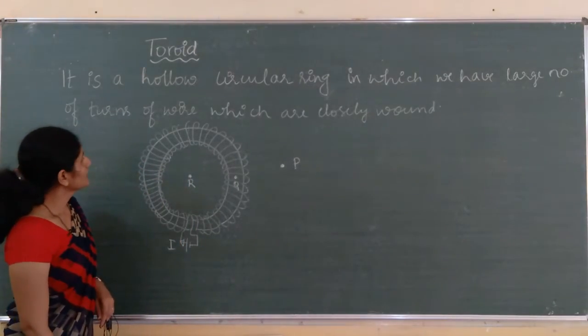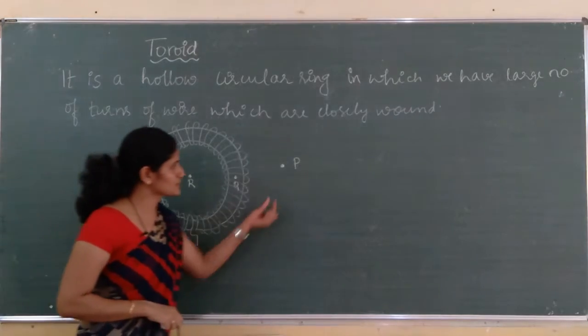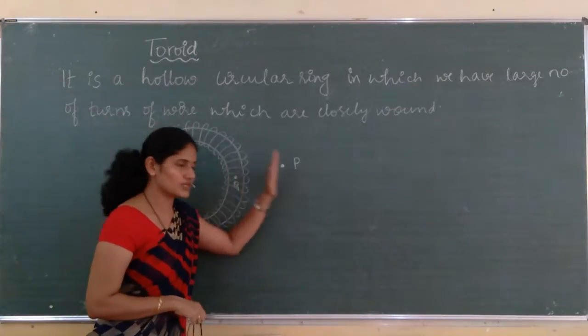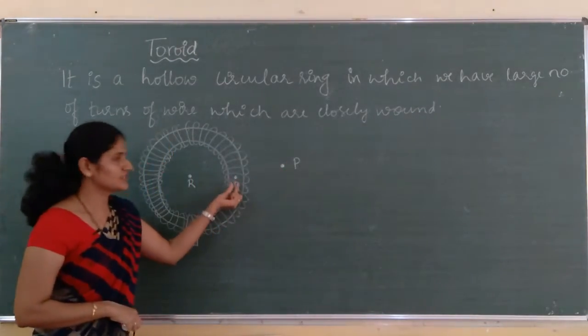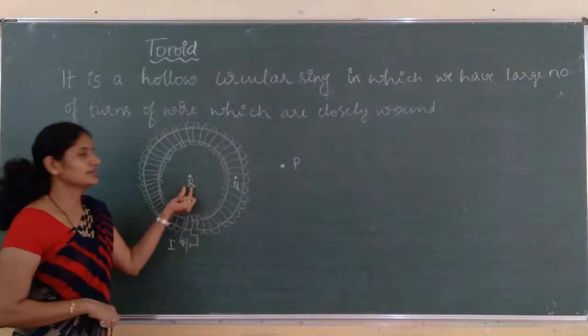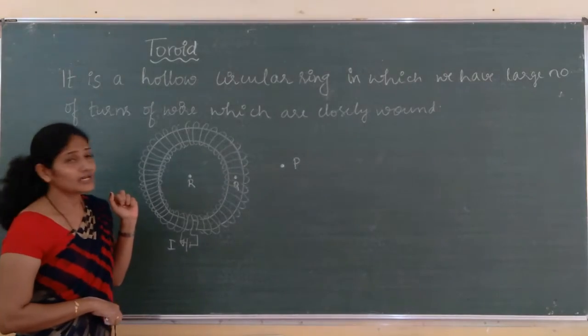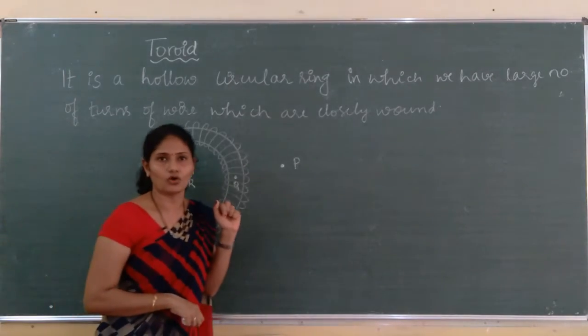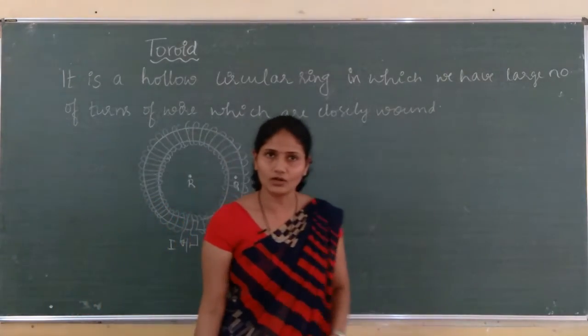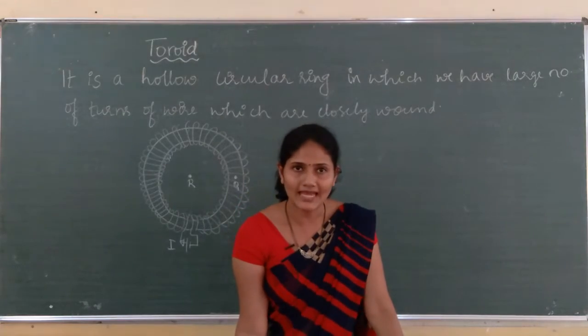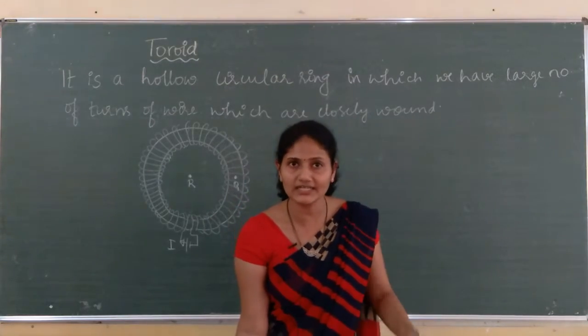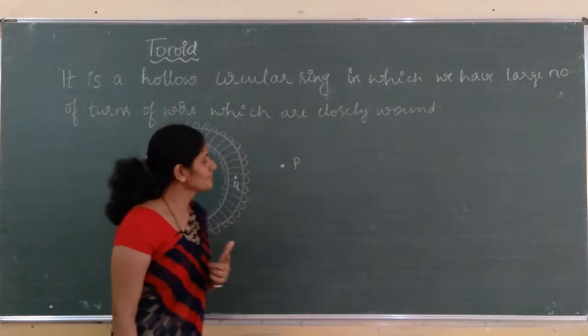Okay. Now let us see what is the expression for magnetic field outside the toroid, within the toroid, and at a point R using Ampere's circuital law. So using Ampere's circuital law, we can derive an expression for magnetic field inside the toroid.